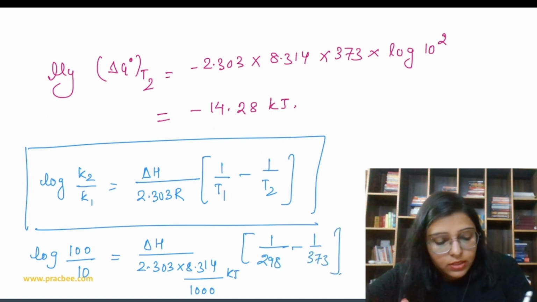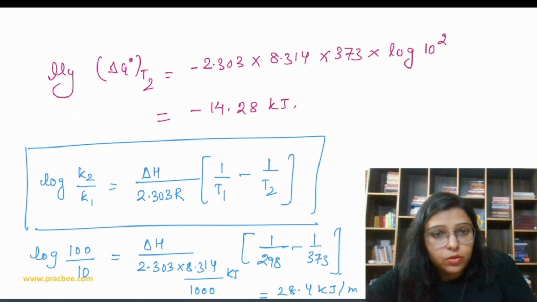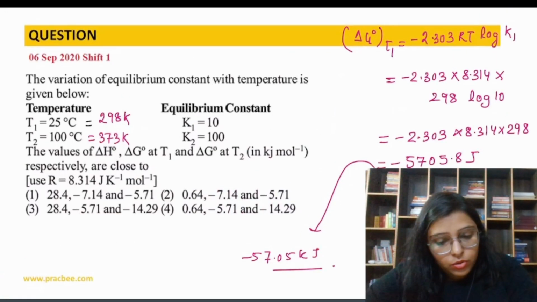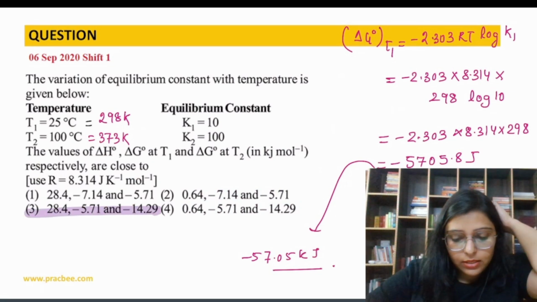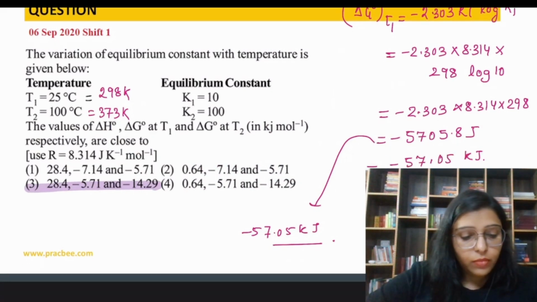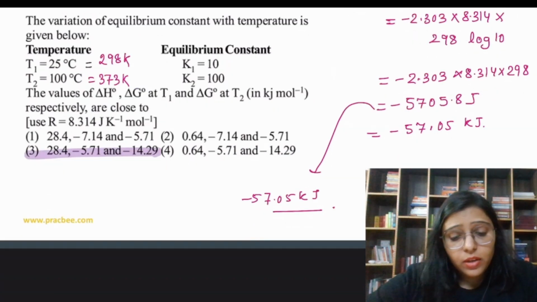So when you solve this, you get the answer equal to 28.4 kilojoule per mole. So basically the answer is 3. Okay, so the answer is going to be the third option. That's it. Now let's do the next question.